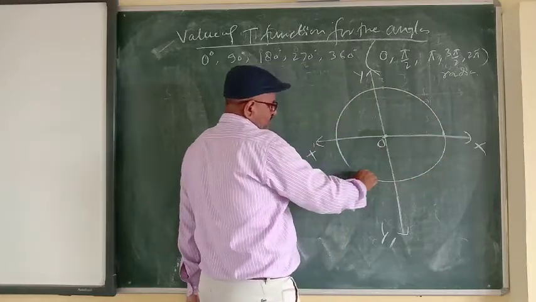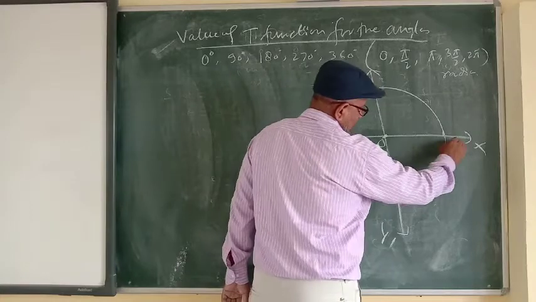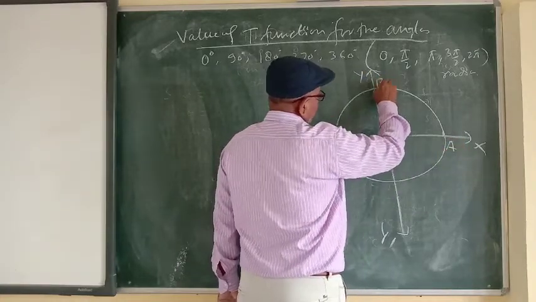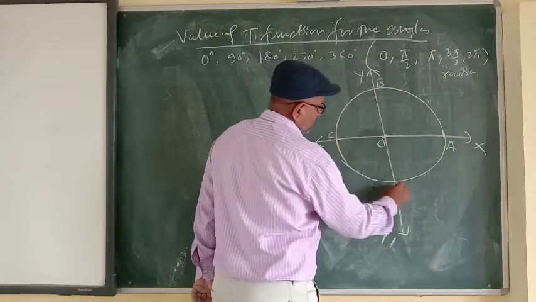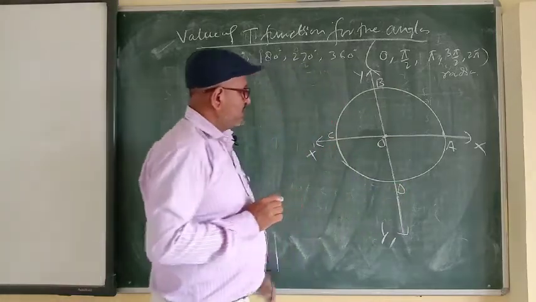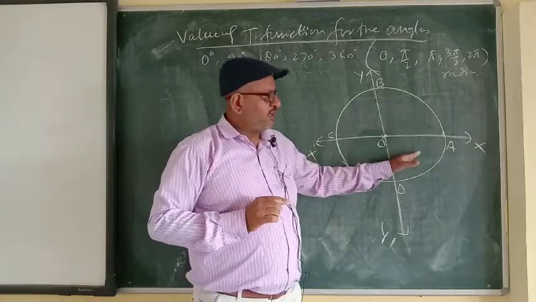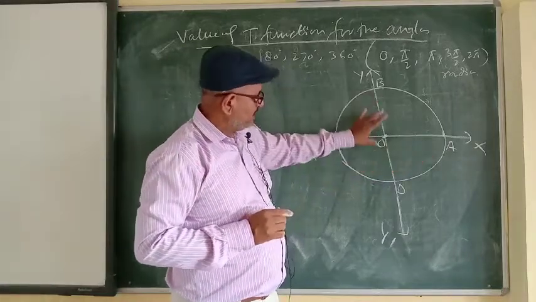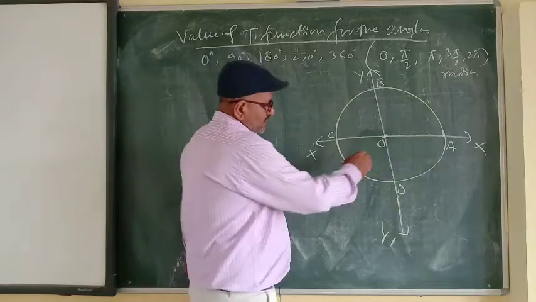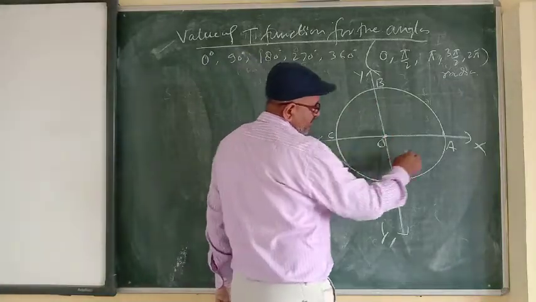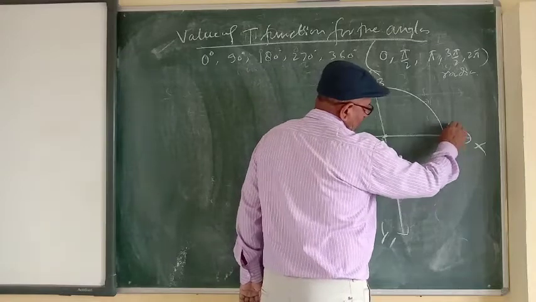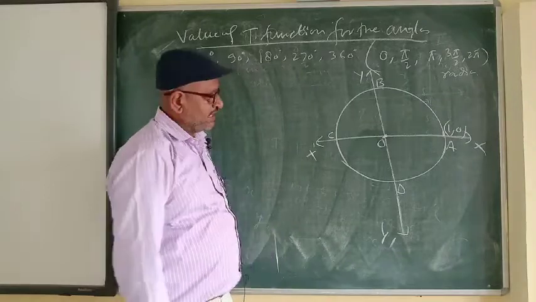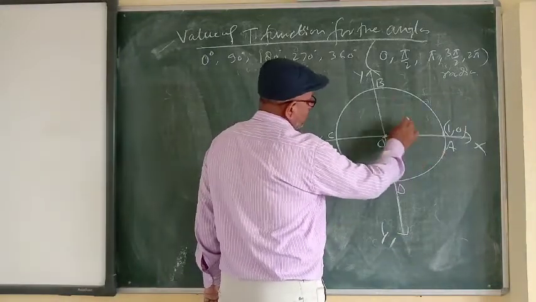It will cut the coordinate axes at 4 points A, B, C, D. We have taken a circle of radius 1 unit, OA is equal to 1, OC is equal to 1, OB and OD also. O is the center, it is the origin. What will be the coordinate of point A? It will be 1, 0 because it lies on x-axis, and OA is equal to 1 unit.